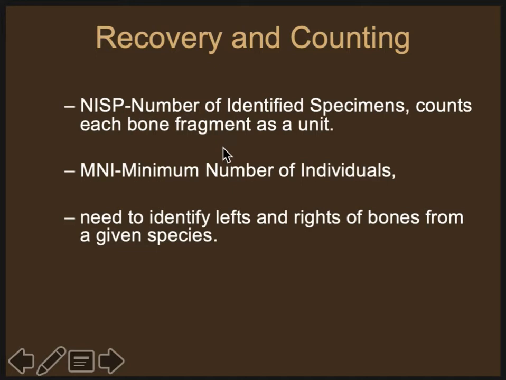From that, you have to figure out the minimum number of individuals. So if you have, let's say, 2 left femurs of a horse, you obviously don't have one horse, because one horse is not going to have 2 left femurs. So you have a minimum of 2 adult horses, let's say. And so that's one of the kinds of analysis a zooarchaeologist will do.